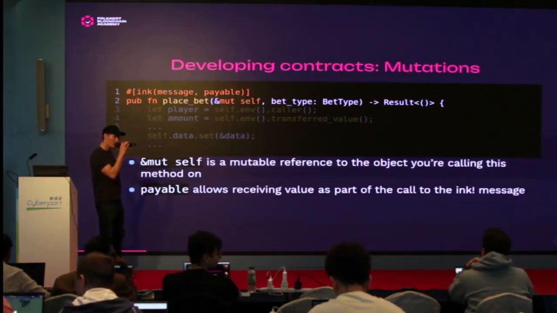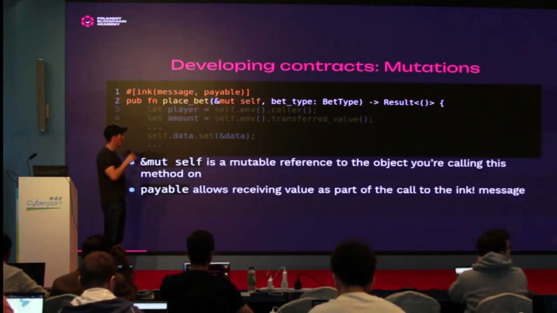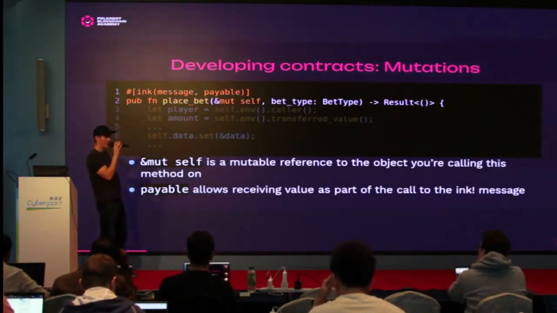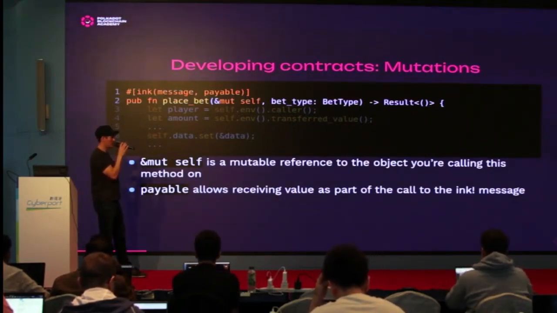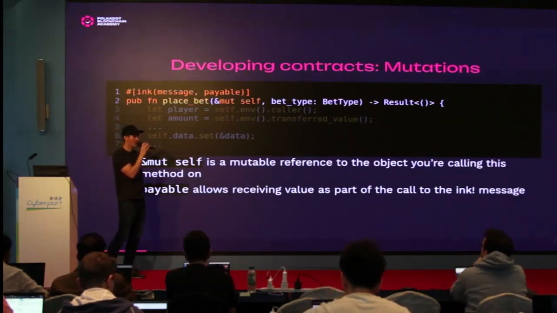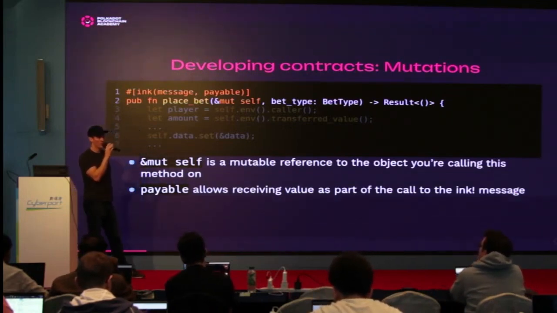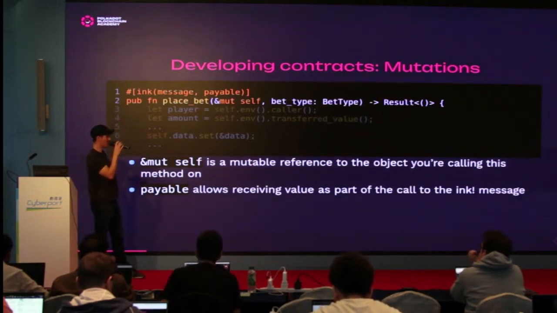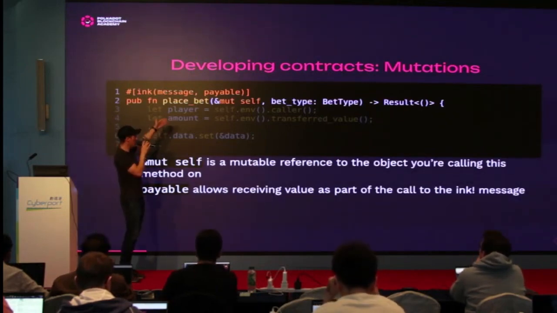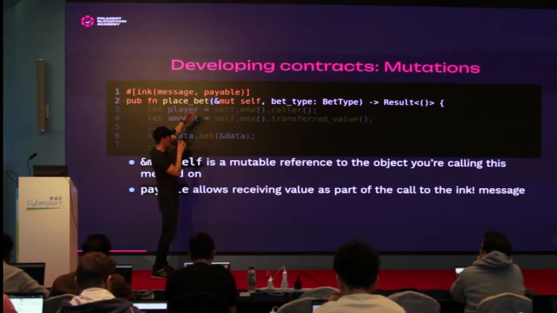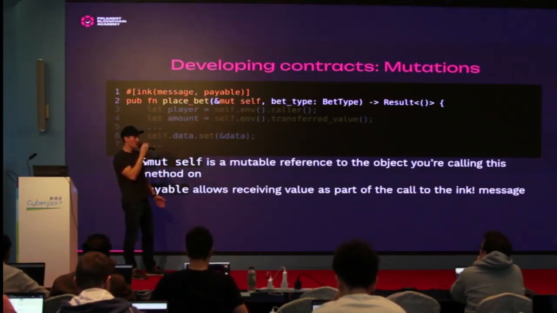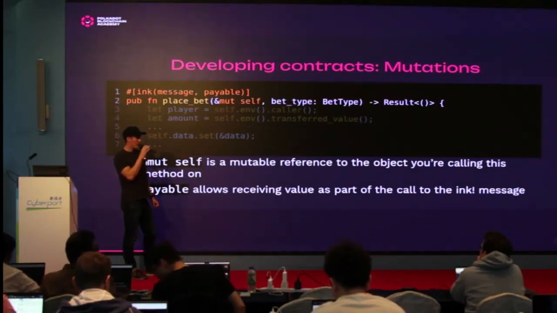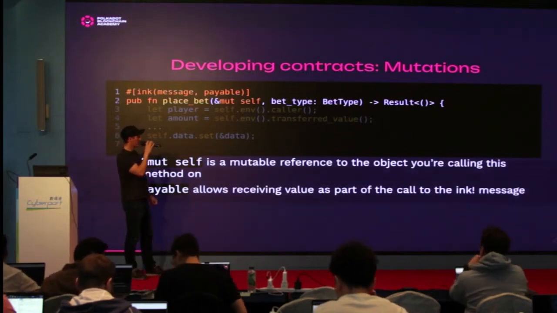Oh, the payable. No. Payable just means that it accepts funds, and it was introduced because you might by mistake send funds to some contract that was not supposed to accept funds. It generates code that checks for that and would reject the transaction so that your funds are not lost. Oh, okay. So immutable self is just independent of payable. Yeah, completely, two different things. Exactly. Okay. Just making sure.